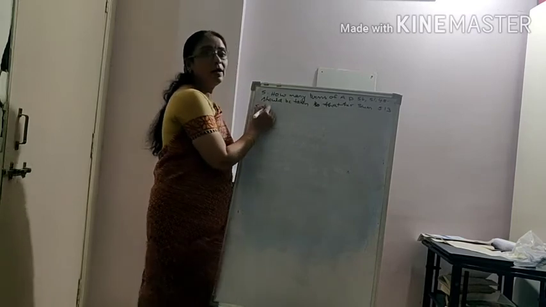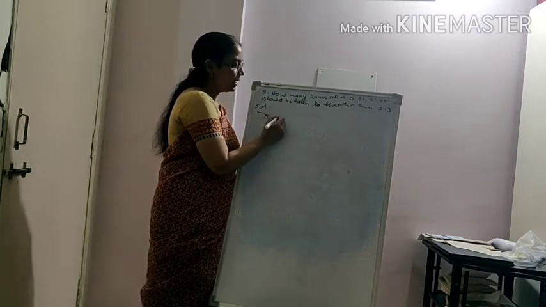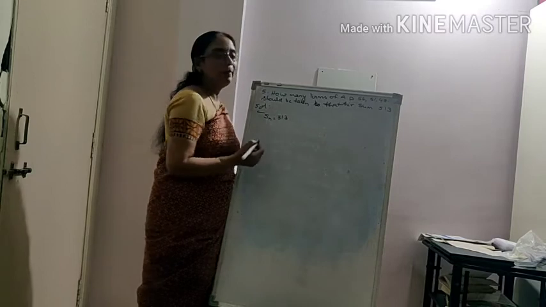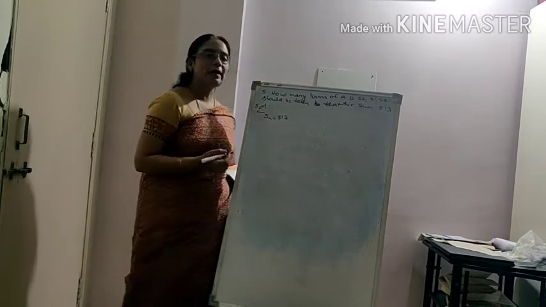That is what is given to us. The sum is given as 513. We don't know how many numbers we have added so that we got 513.